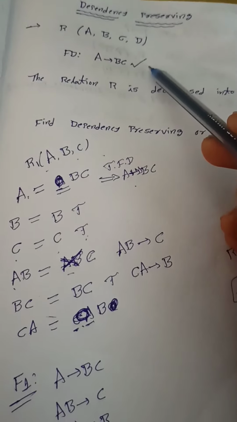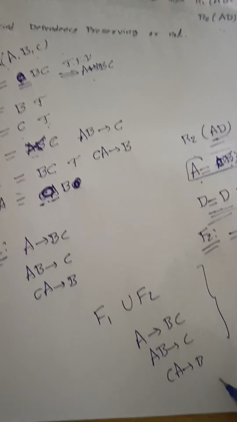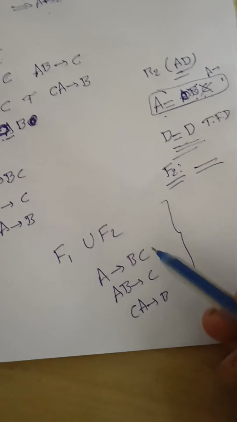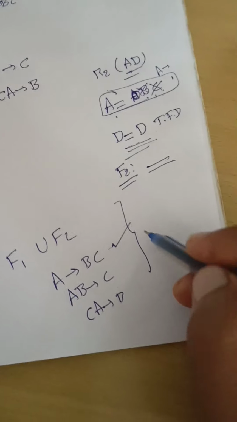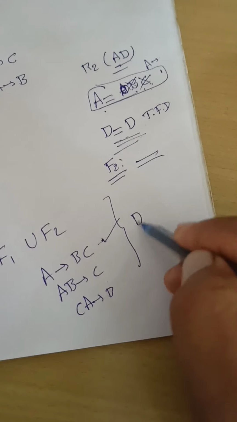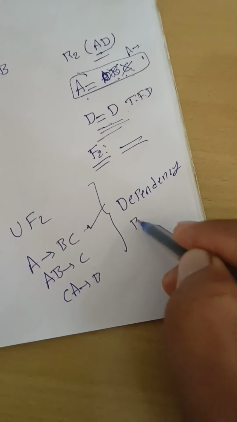What is the main functional dependency here? A implies BC. Is A implies BC present or not? Here A implies BC is present. That's why this decomposition satisfies dependency preserving.